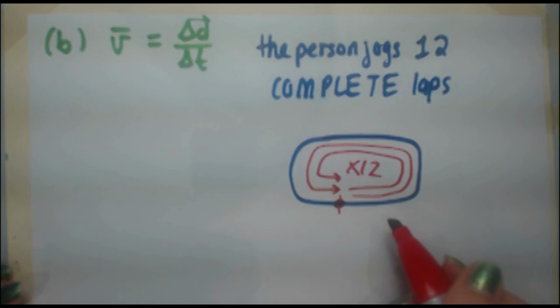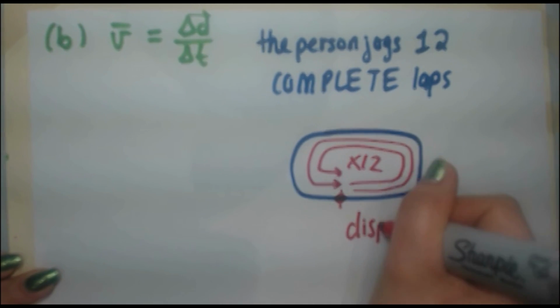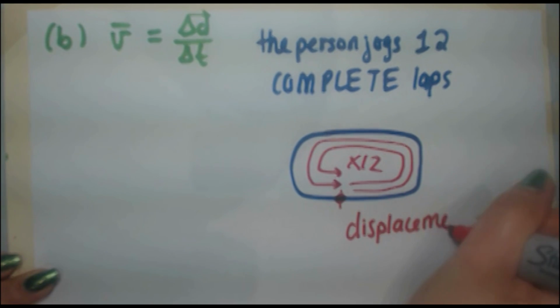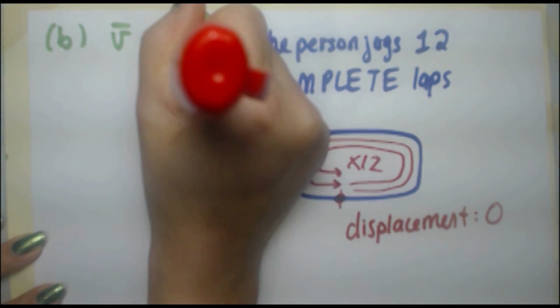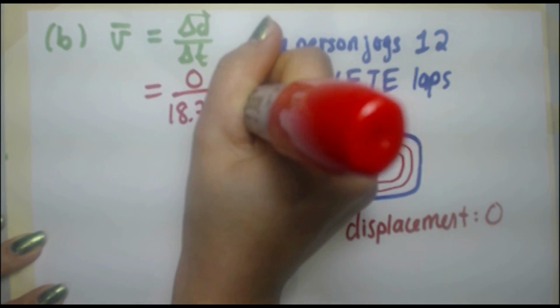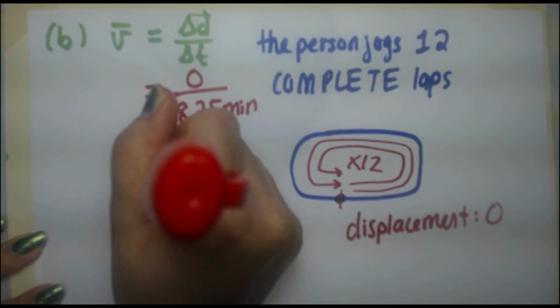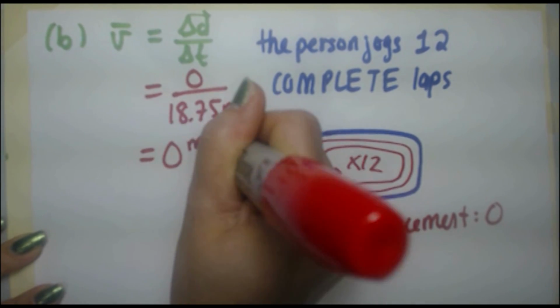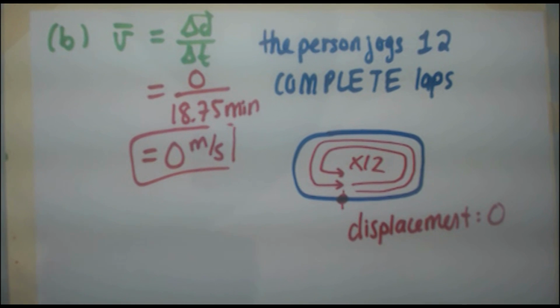The fact that you start and stop in the same position means your displacement is 0, because your final position and your initial position are the same. So if your displacement is 0, it doesn't matter how much time, because the denominator can be anything. 0 divided by any number gives you 0. Therefore the average velocity is 0 meters per second.